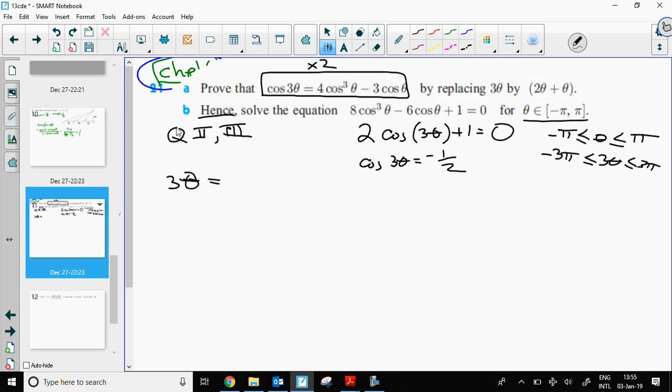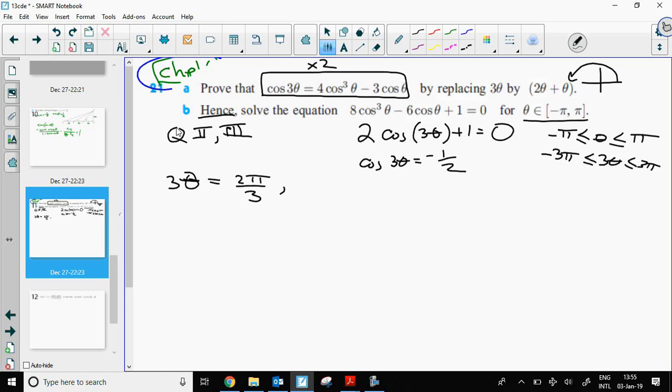So if it's going to be negative 1/2, let's work our way around the unit circle in a positive direction right now. So in quadrant 2, the value for 3 theta that's going to have a cosine value of negative 1/2 is going to be 2 pi over 3.